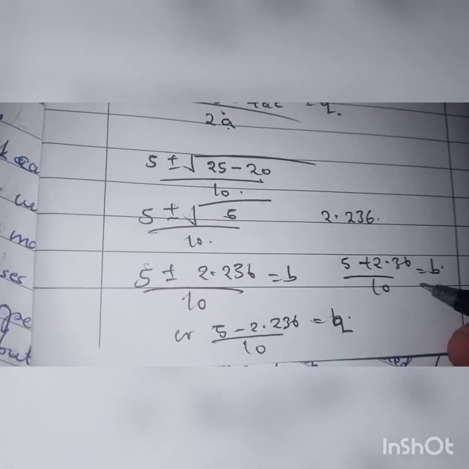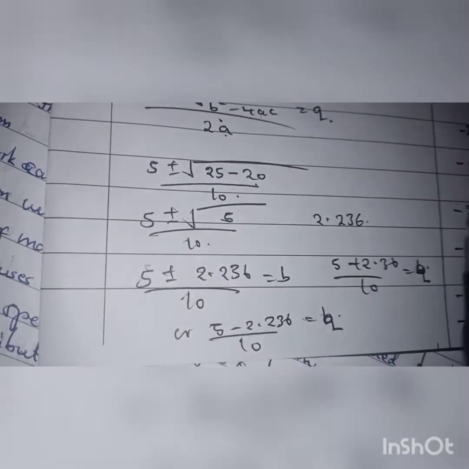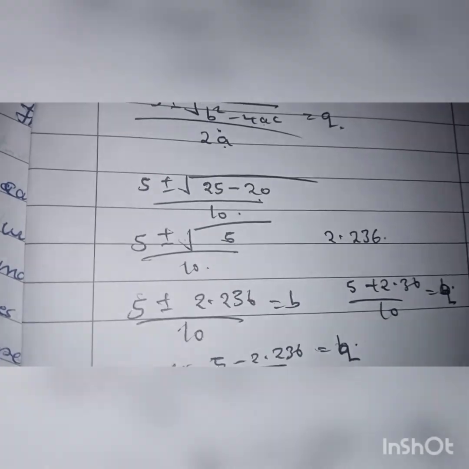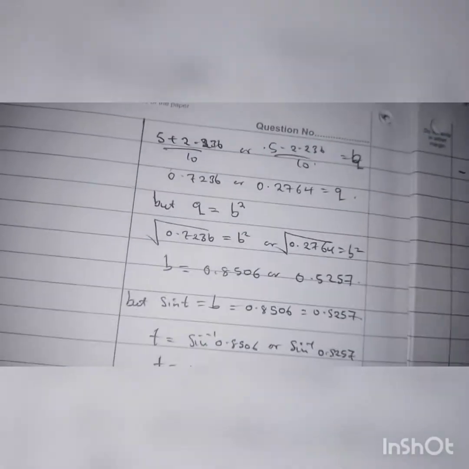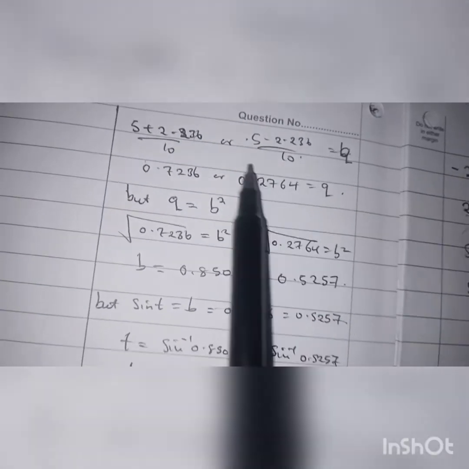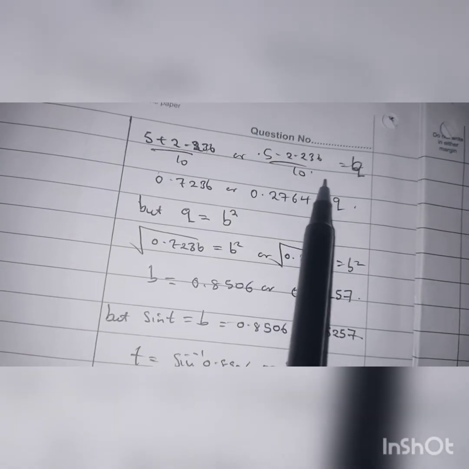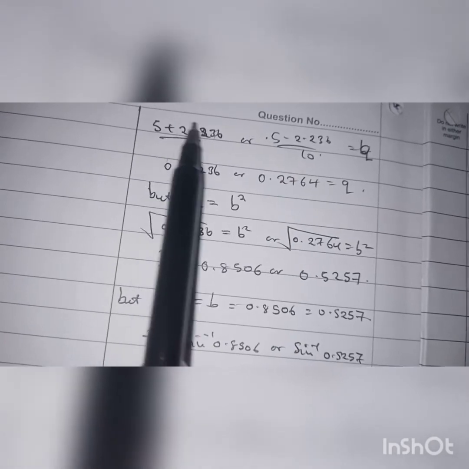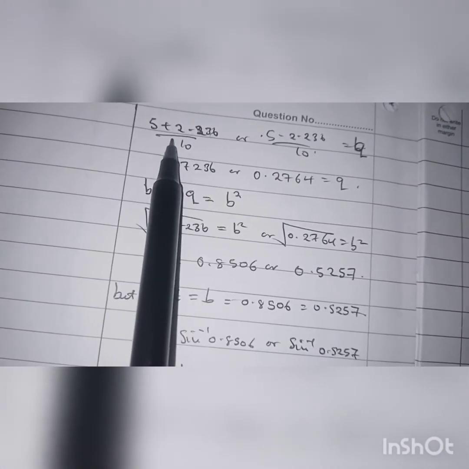Not b, but q; we are looking for the value of q. So getting q, it is 5 minus 2.236 over 10, or 5 plus 2.236 over 10.